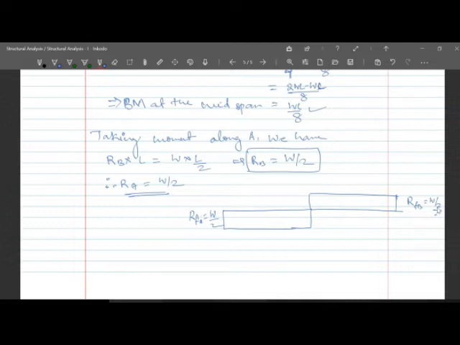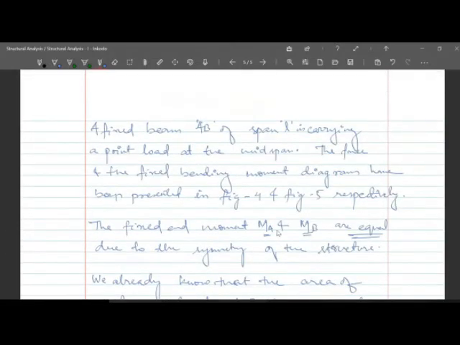Now what we need to calculate more is the slope and deflection. So let's go to the next one.